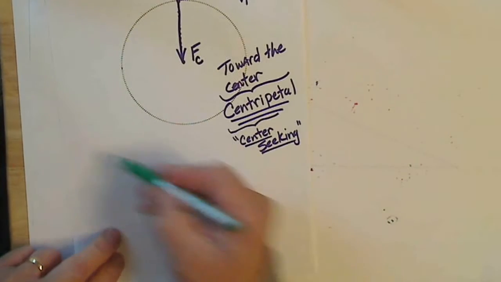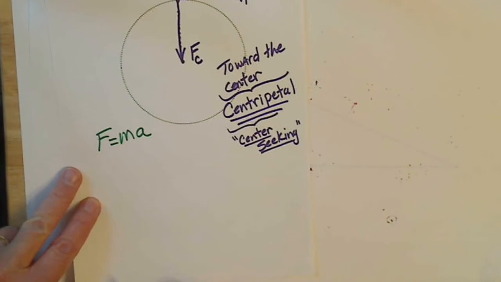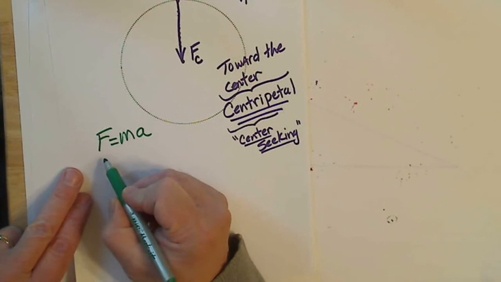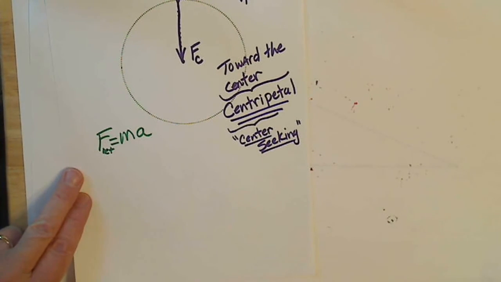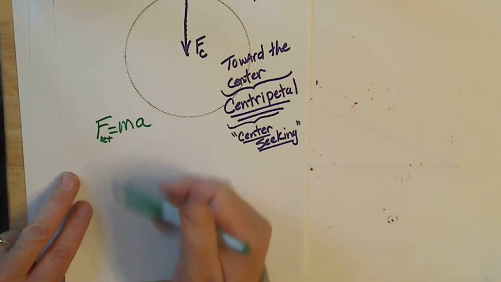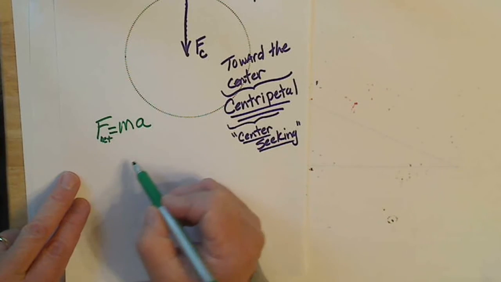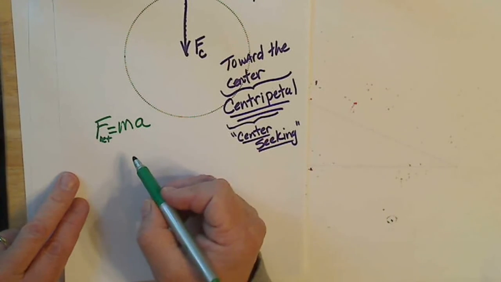Now, there's one other thing I want to explain to you. For that, we're going to go back to Newton's second law. F is equal to m times a. Remember, F over here was a net force. And one of the things we went over is that whichever direction the net force is acting on an object, the acceleration is going to go in the exact same direction.